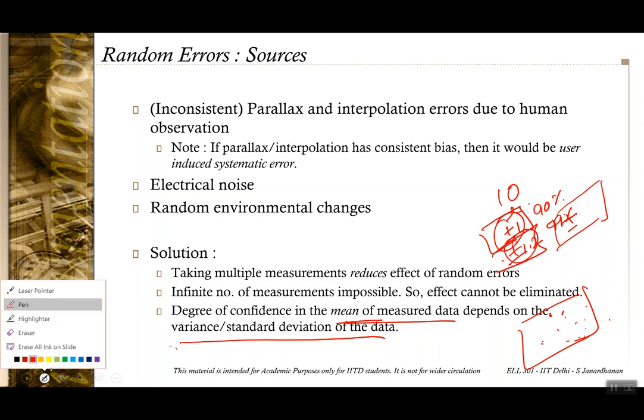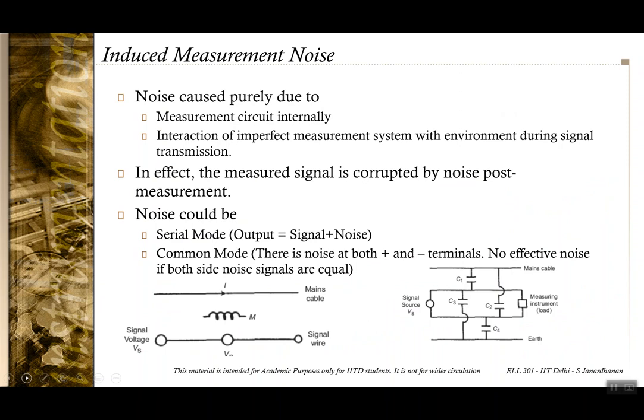Now coming to the third type of error, that is the induced error. The induced error is noise that is purely due to the measurement circuit, and not the measuring instrument.